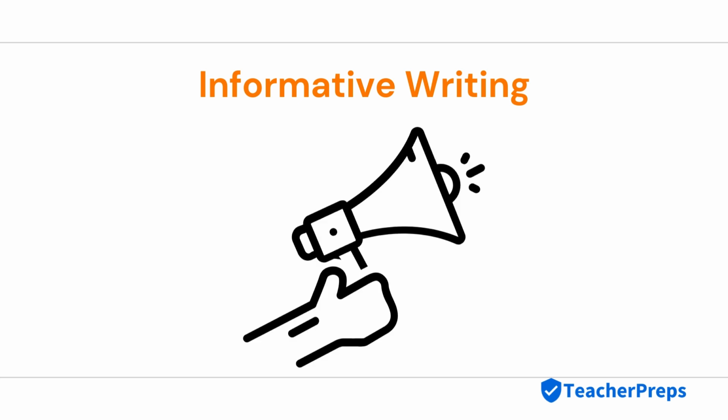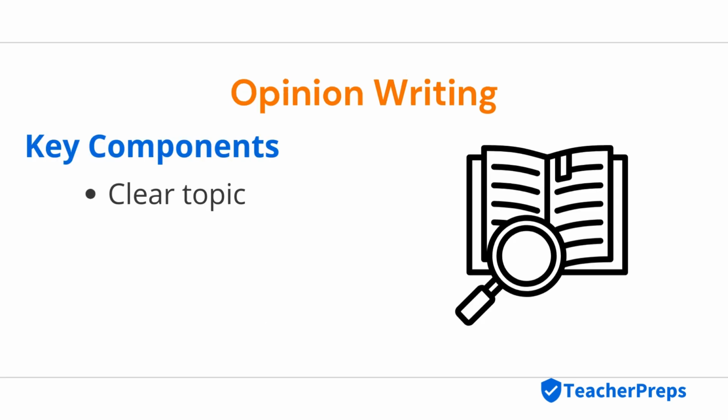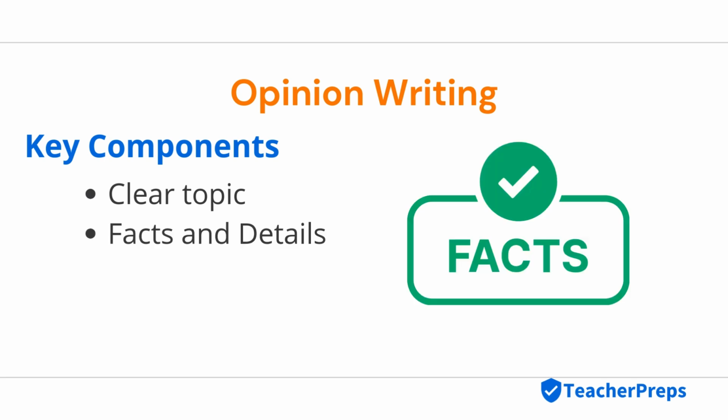Let's talk about it. Remember, the informative writing is used to inform, explain, or clarify ideas, concepts, and processes right to the reader. Key components of informative writing include a clear topic, which is clearly defined early in the text.